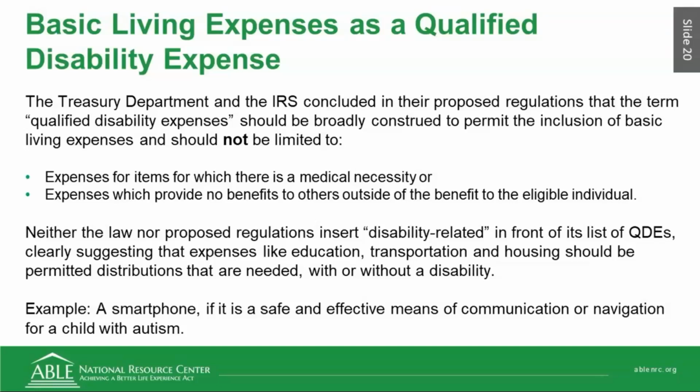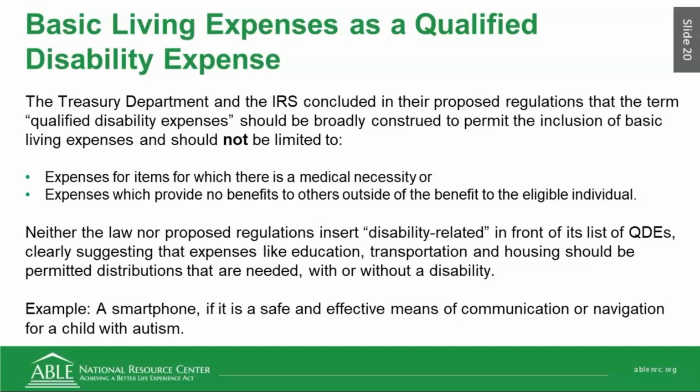When you look at those categories, and I zero in on education, transportation, employment-related, you don't see the word disability-related in front of its list of QDEs. And there is that example right in the proposed regulations of an autistic child who uses a smartphone as a means of communication or navigation.